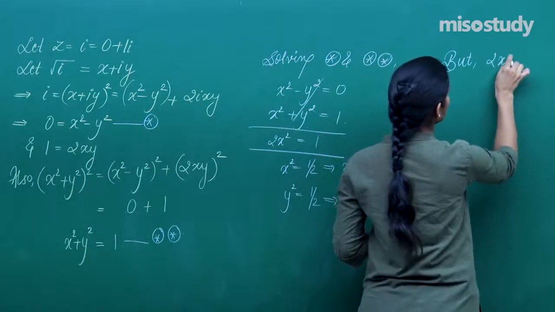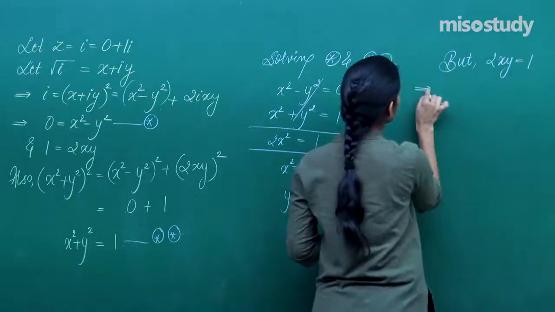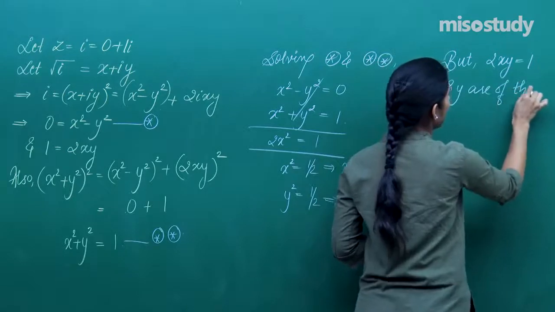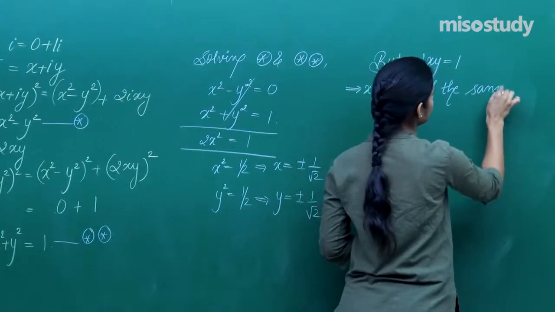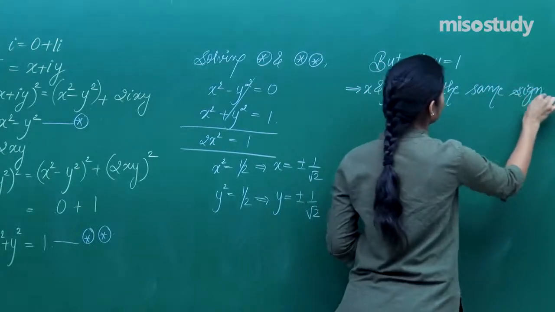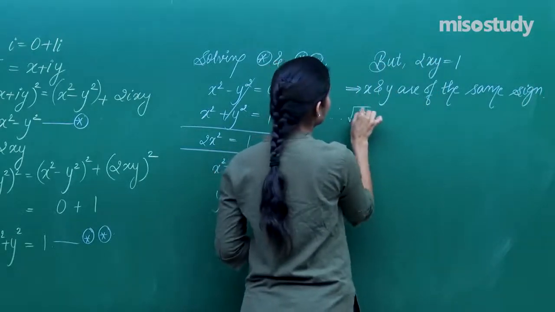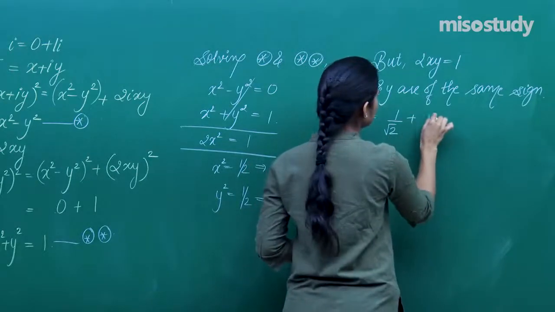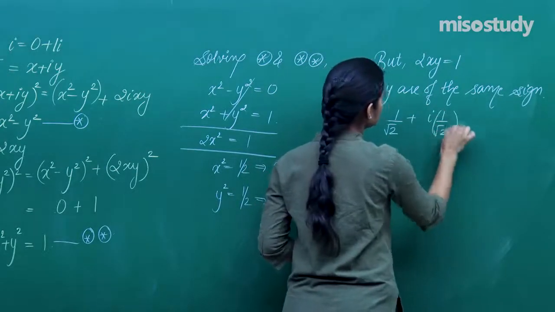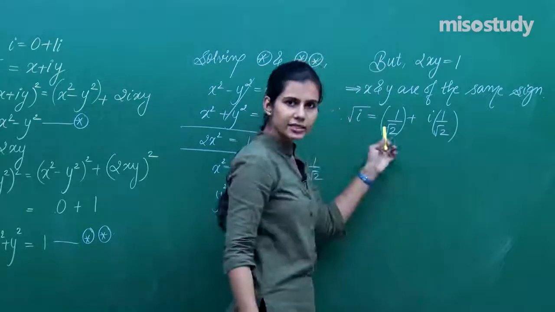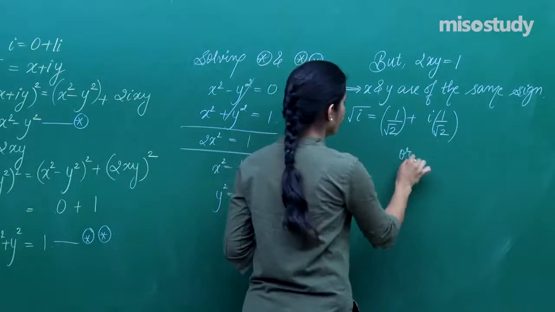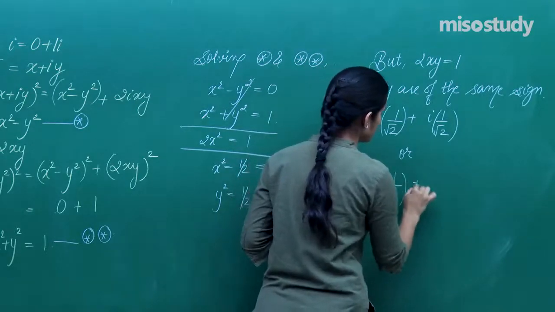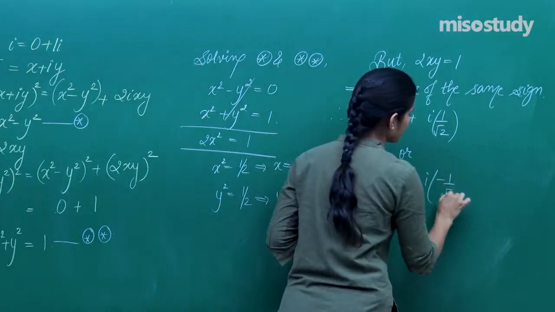But 2xy is equal to 1, this implies x and y are of the same sign. Therefore, root iota is either equal to 1 by root 2 plus iota times 1 by root 2, x plus iota y where x is positive, y is positive, or it is minus 1 by root 2 plus iota times minus 1 by root 2.